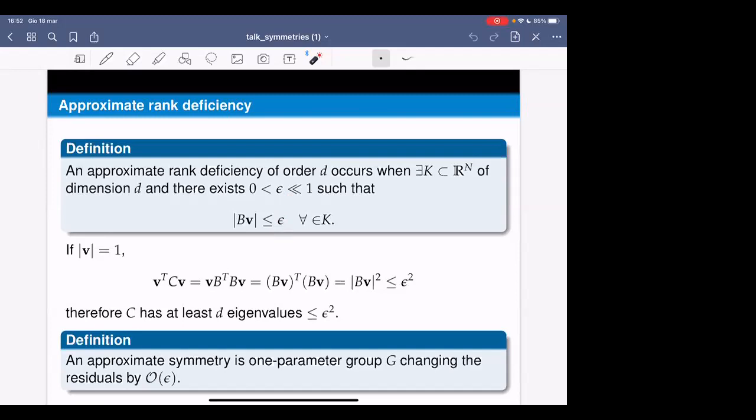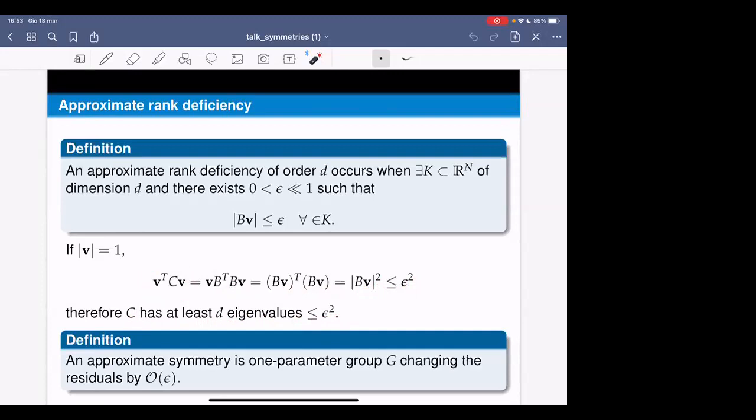And what's the consequence of the presence of this approximate rank deficiency? Well, we can see clearly that if we compute this quadratic function, C is by definition B transpose B, and then we get the square norm of Bv, which is smaller than epsilon squared, and this means that the matrix C has at least d eigenvalues smaller than epsilon squared.